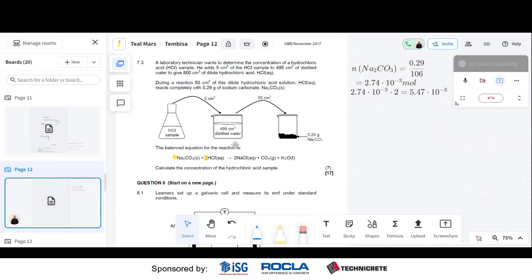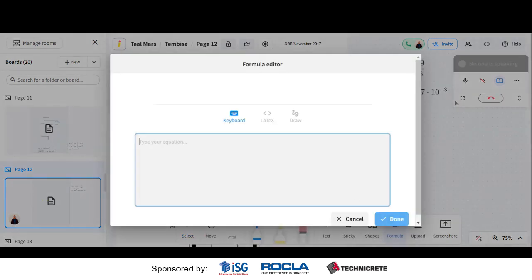Okay. So now we need to take it back a further step. Therefore, to find the concentration of this dilute version, okay, again, we're still working with the dilute version.